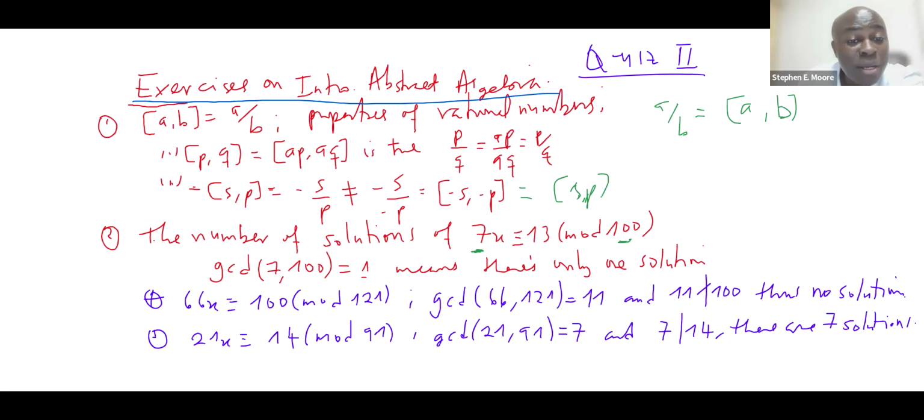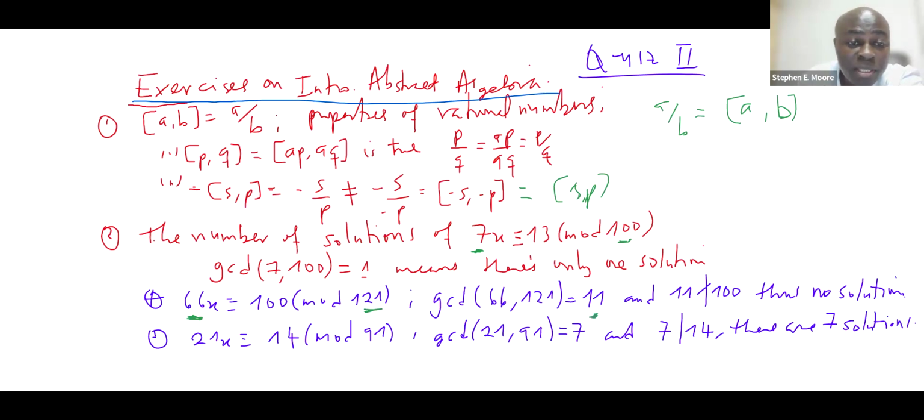Some examples: if you are given 66x congruent to 100 modulo 121, then you find the GCD of 66 and 121, which is 11, and you check if this GCD divides your 100.